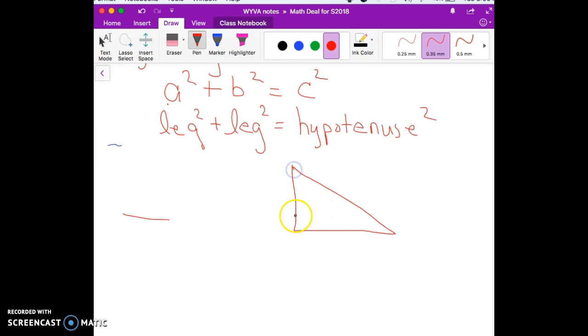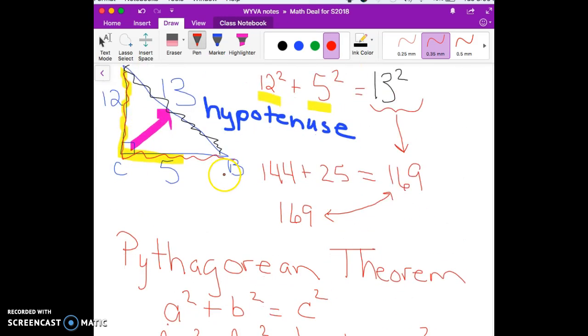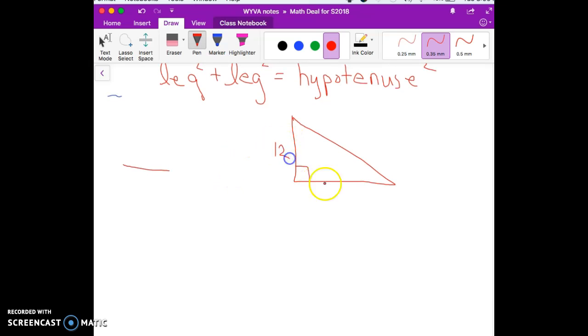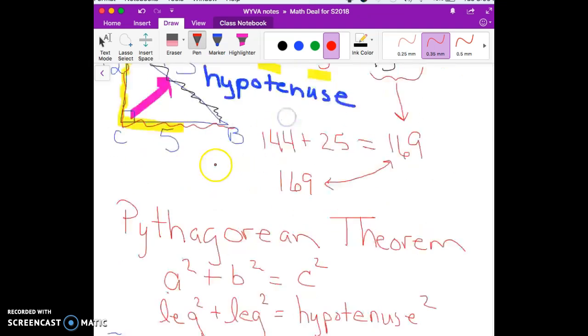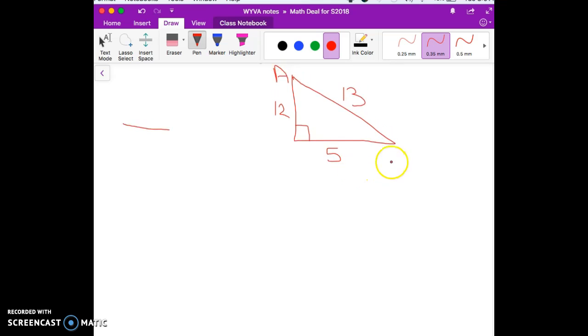So if I draw that triangle again, it was 12, 5, 13, with A, B over here, and C. If I take my ratio of 5 over 13, well, a long time ago somebody discovered that all right triangles had this relationship.